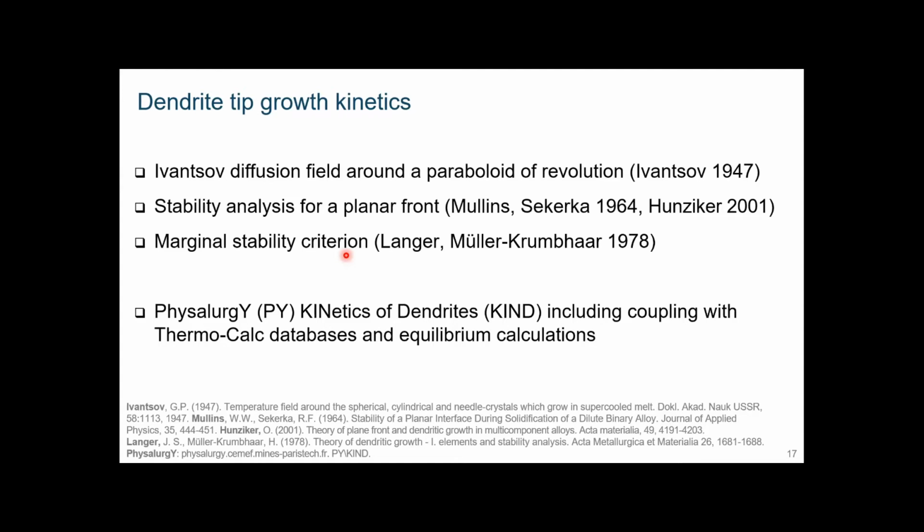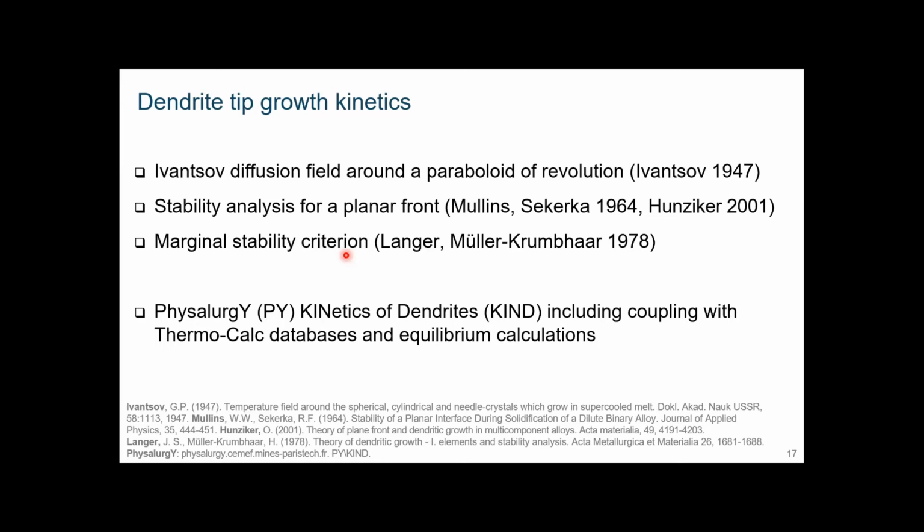One of the parameters I mentioned previously was the A and N coefficient entering the fit of the growth kinetics law for dendrites. This is certainly my heaviest slide in terms of content, because I didn't want to reproduce all the theory behind what we use.